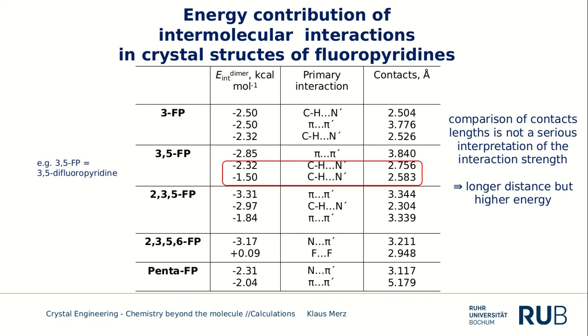The next issue is that only looking at the length of contacts is not a proper interpretation of interaction. Strange. Have a look here, the CHN interaction. If you compare the two values, this is the shortest length, but the longer contact shows a higher energy.